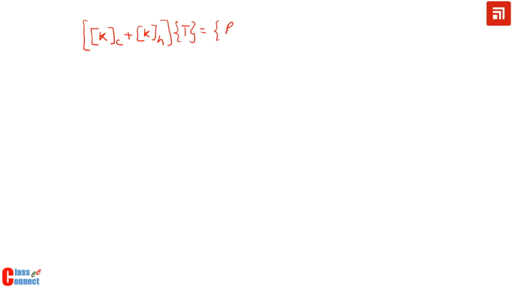This is equal to R_q, that is the heat flux boundary condition load vector, R_h, that is the convective boundary condition load vector, plus R_Q, that is the internal heat generation load vector. So sometimes all are available, sometimes maybe only one or two are available, depending on the situation. So this is the general solution of the heat conduction equation in finite element.